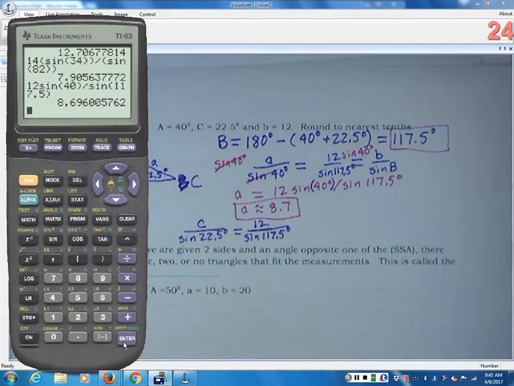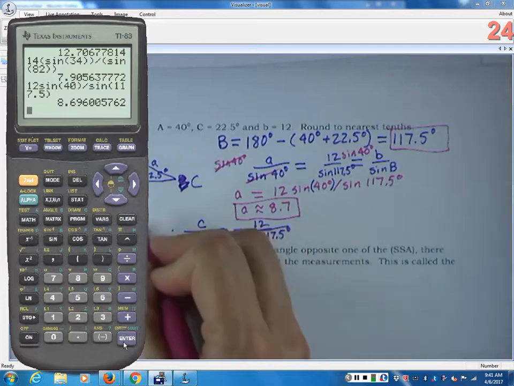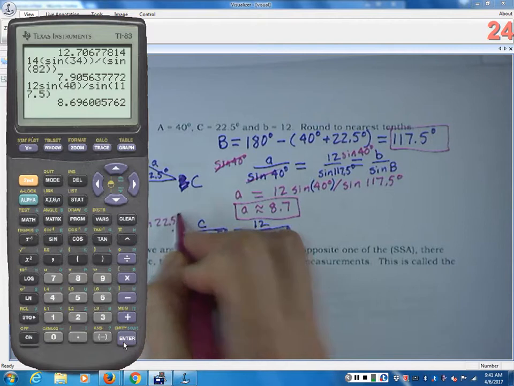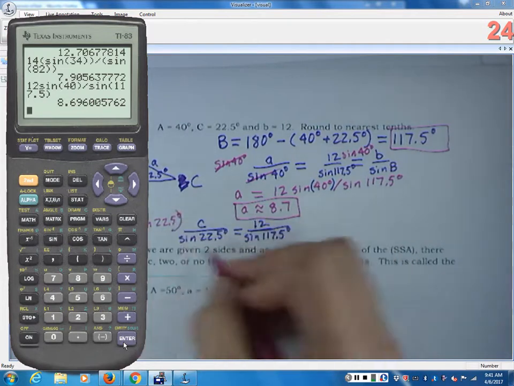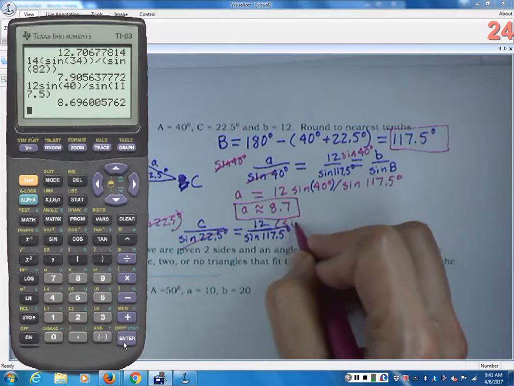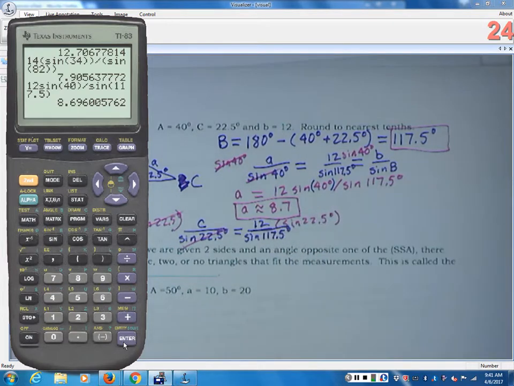Just in case I made a mistake earlier, it won't carry through to this one. Then I'm going to multiply by sine 22.5 degrees and put that in the calculator.